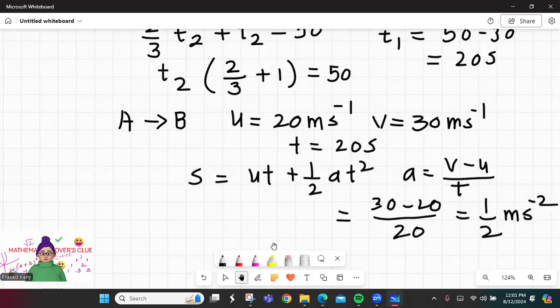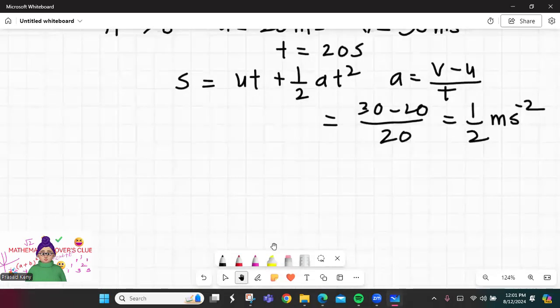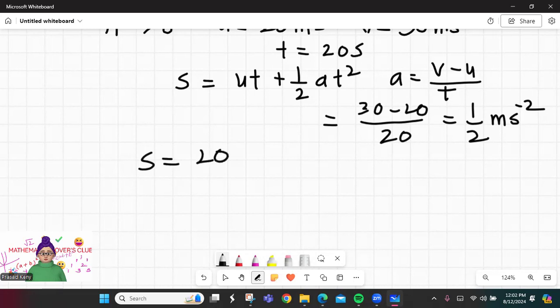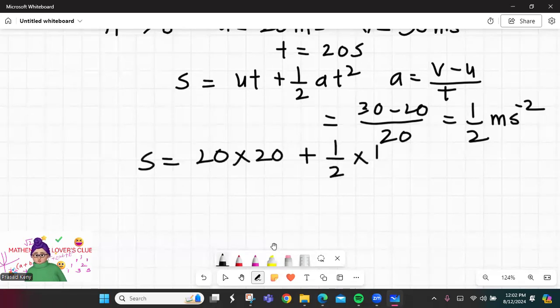And then putting in the equation, we get s is equal to 20 into 20 plus half into half, acceleration is half, into t square, that is 20 square.